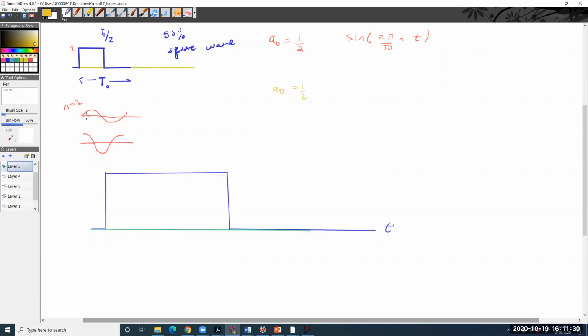I'm saying that the sine wave looks like it'll be a better fit than the cosine, so I'm just assuming all the A n's equal 0. Let me just try to draw a sine wave.